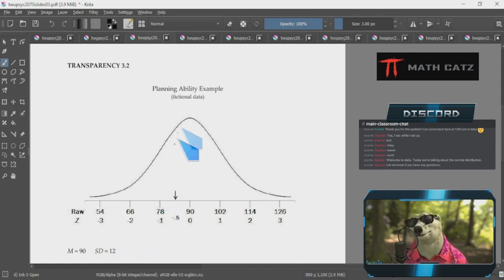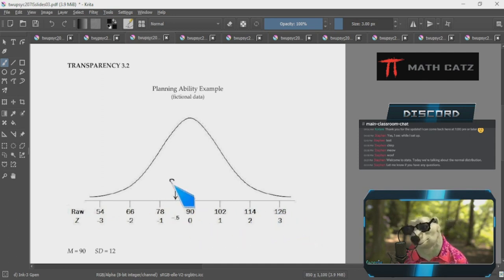So in this case, in the planning ability example, my mean is 90, that's the center of this distribution, and my standard deviation is 12. So a score here sitting at wherever, I can convert to maybe half a standard deviation step from the mean to the left. So negative means to the left, positive means to the right.